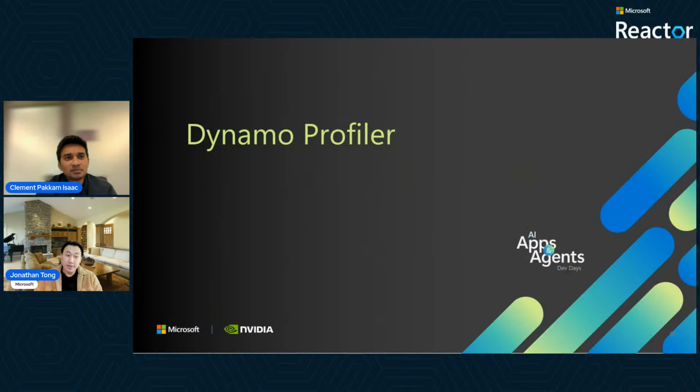All right, thanks, Clement. I'll go over the profiler, and the profiler is what makes the Dynamo Graph Deployment Request, or DGDR, different from just a normal AI deployment. This request lets you specify things like your SLA and your requirements based on your hardware, and it runs a job that generates the optimal configuration for you.